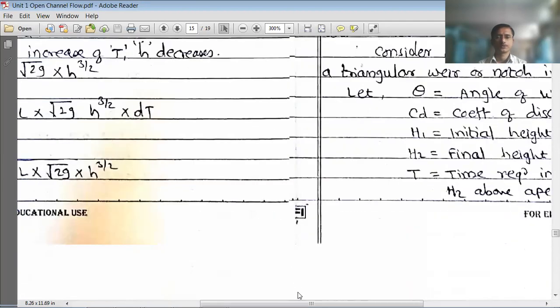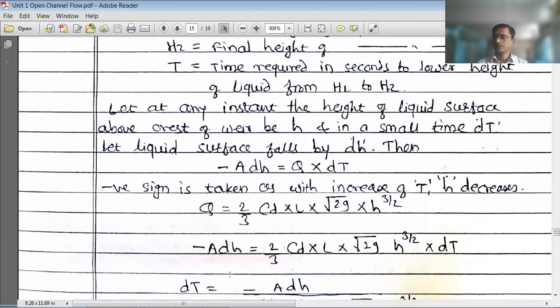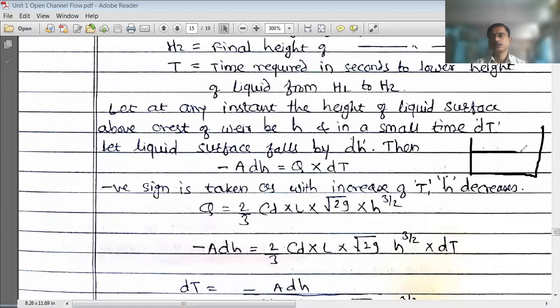For reducing the water level by height dh, let us say this is L and this is the height dh. H1 is here, H2 is here, and this is dh. To reduce the height by depth dh, let us say the time required is dt.